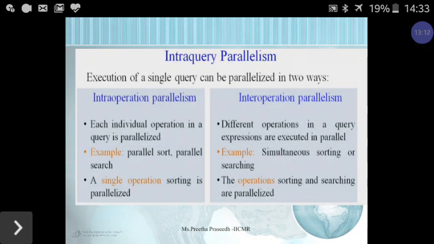Intraquery parallelism, that is inter-operation parallelism and intra-operation parallelism. So here in intra-operation, each individual operation in a query is parallelized. Example, parallel sort and parallel search. In inter-operation parallelism, different operations in a query expression are executed in parallel. Example, simultaneously sorting or searching operations.